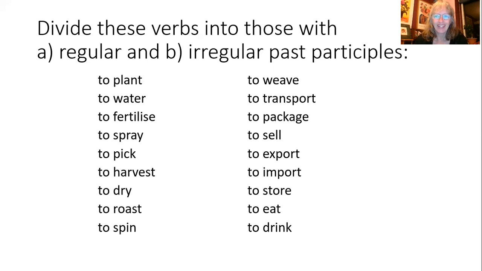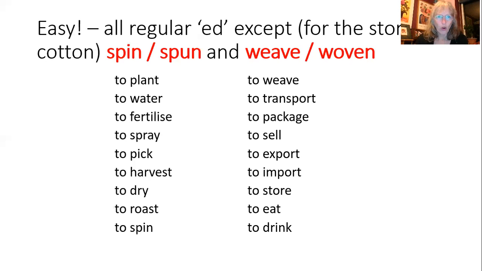Okay. Easy? Difficult? How many of these have irregular past participles? Not many. Let's see. So all of them are regular -ed endings, except for 2 of them, and they go with the product, the story of cotton.